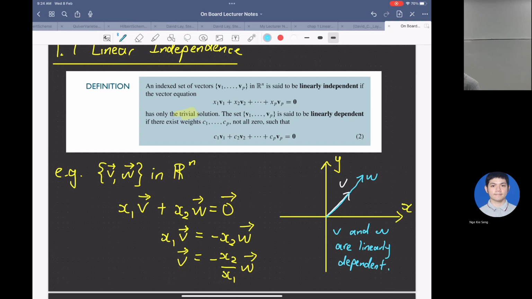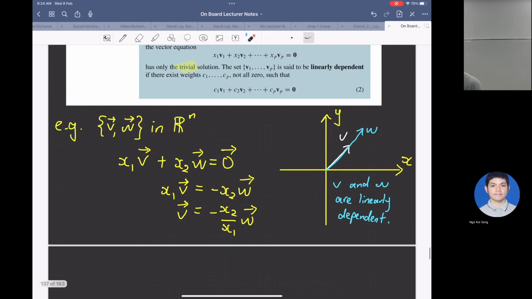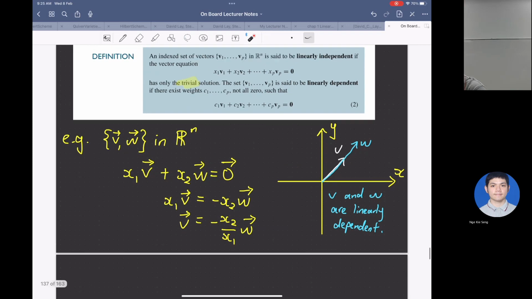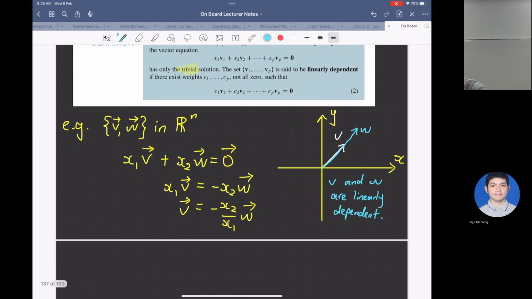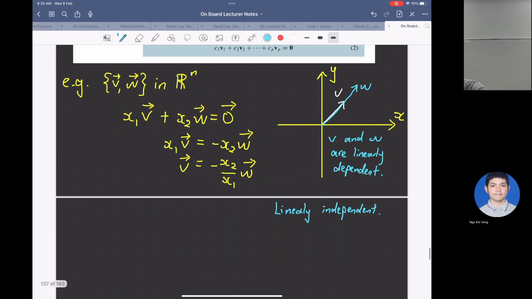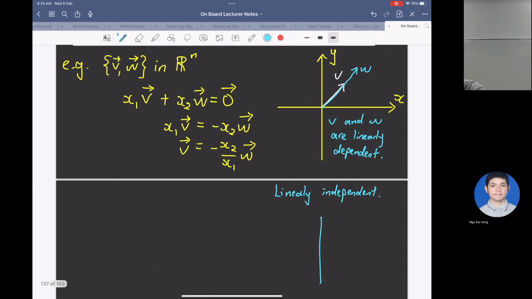Okay. So maybe I give you another example, a linearly independent example. Okay, ask another question. So why do we draw y and x?